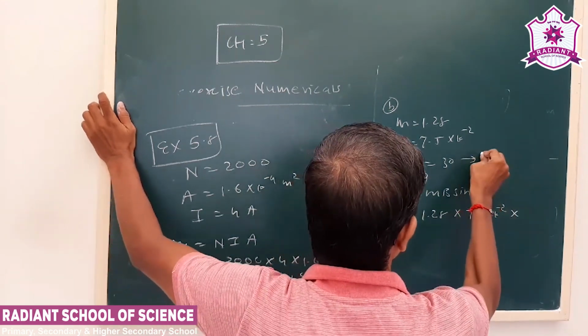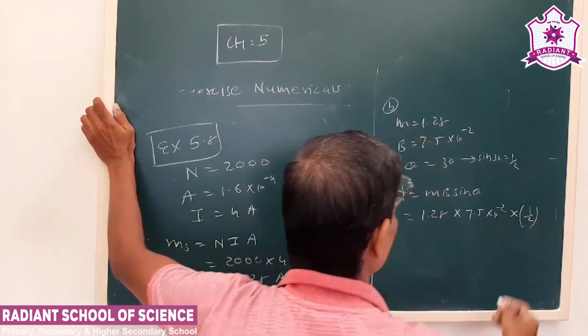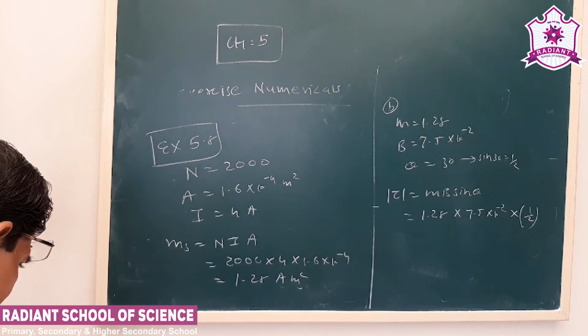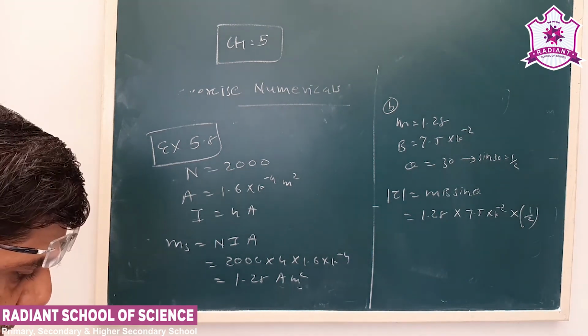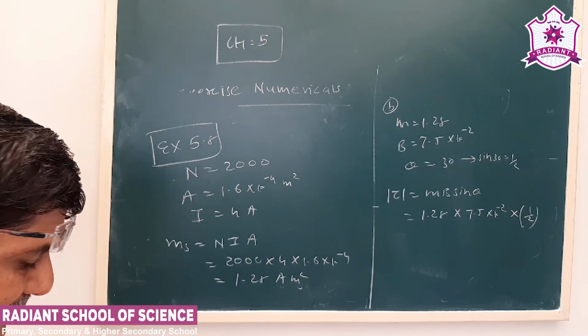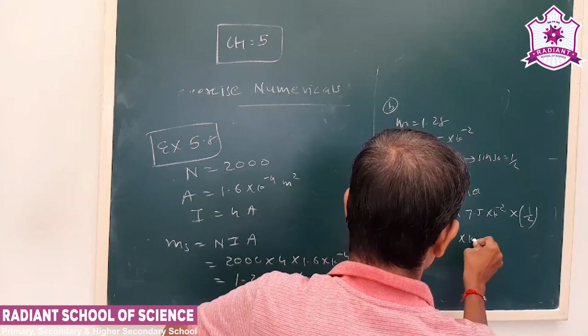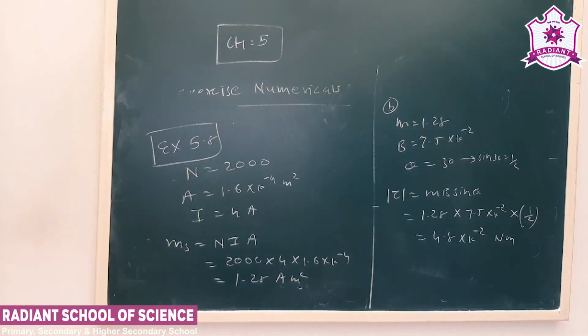Sin 30 is 1 by 2. Now we can calculate the corresponding torque. That is 4.8. Again, torque unit is Newton meter.